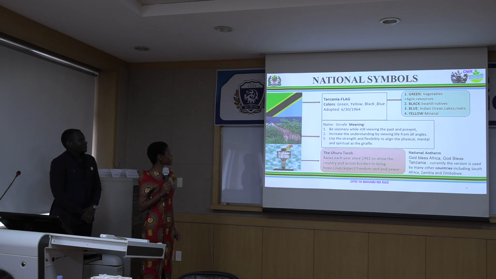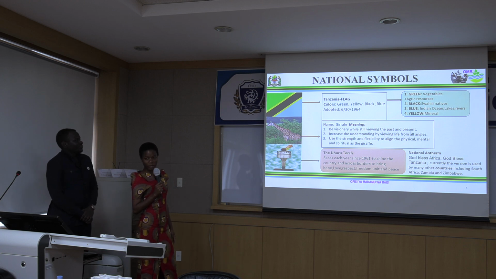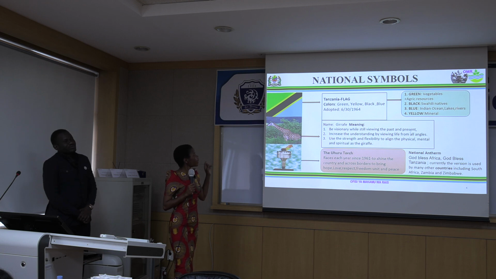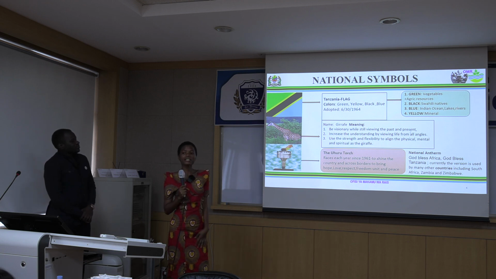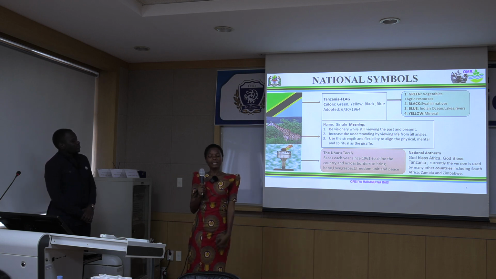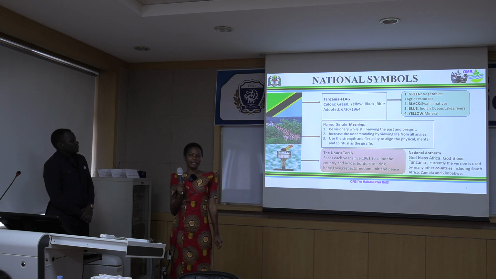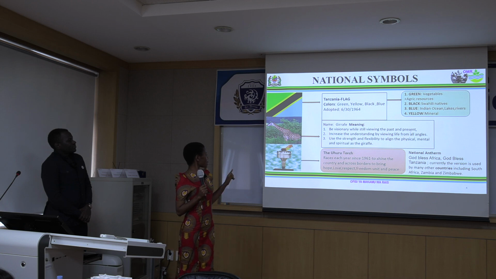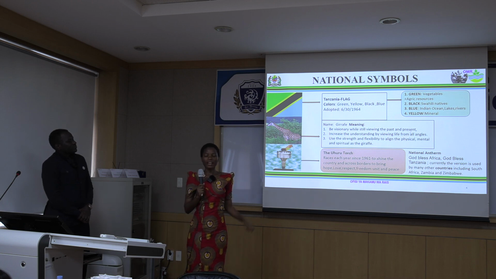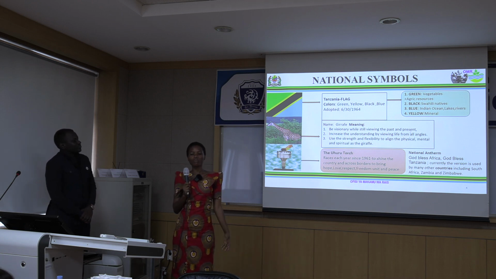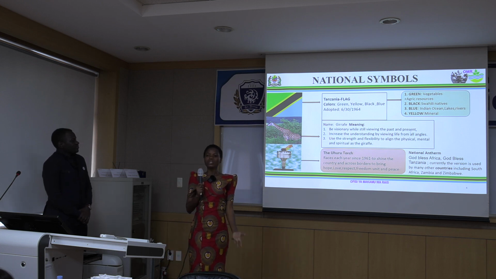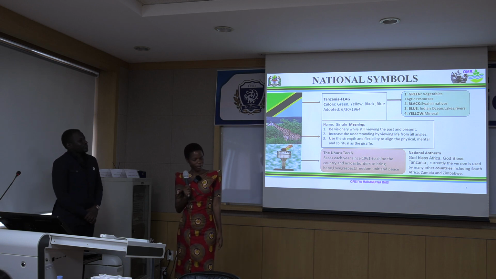Another national symbol is the Uhuru torch. That symbol also represents our nation. The Uhuru torch is raised and passed each year all over the country. The purpose of passing this Uhuru torch all over the country is to encourage and promote the socio-economic prosperity of the country, where it is used to inaugurate different projects established by the government.